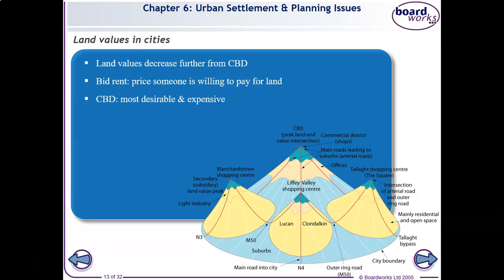So the CBD is obviously most desirable and therefore most expensive. You've got the shops. The PLVI is the most valuable site, so that's in and around the CBD. You've got offices then at the edge of the CBD. So if you think of Dublin, all the glass buildings over in the IFSC, they're on the edge of the CBD, but they're not in it themselves. Industry you've got on the outskirts of the city.